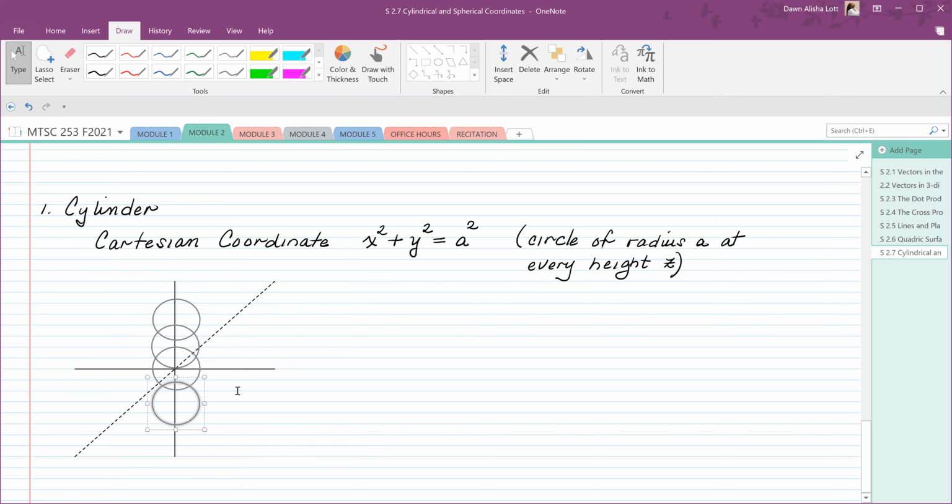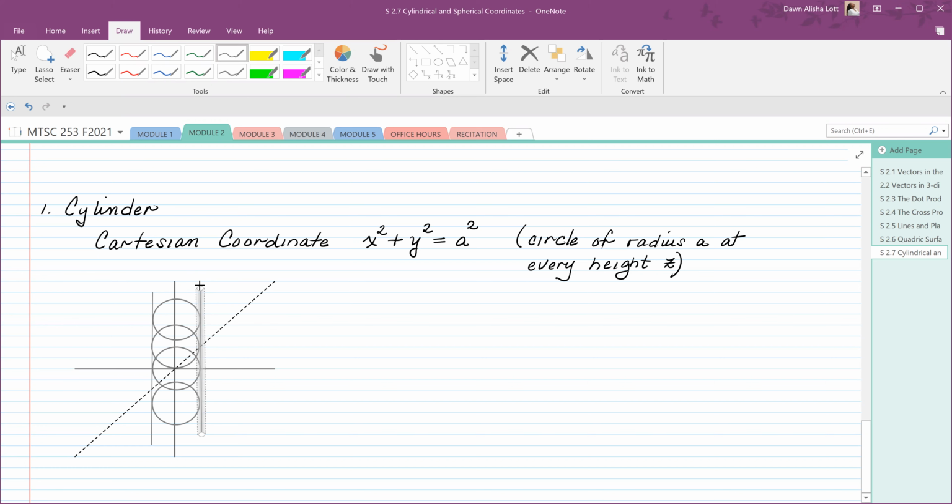Okay, so this is my cylinder. Again, no mention of Z because for every height Z, I get the same circle.